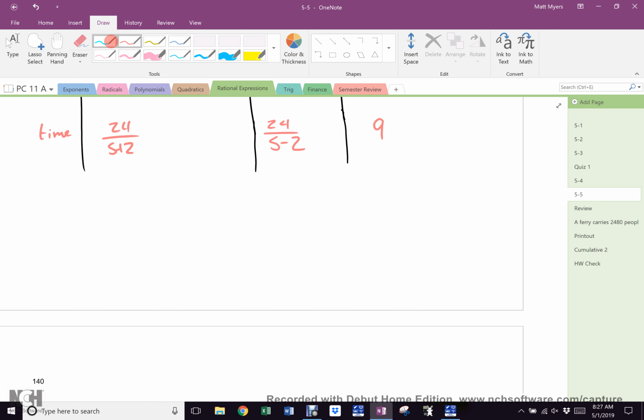How will we do this? It will be 24 over s plus 2 plus 24 over s minus 2 will equal 9, right? What is our common denominator?